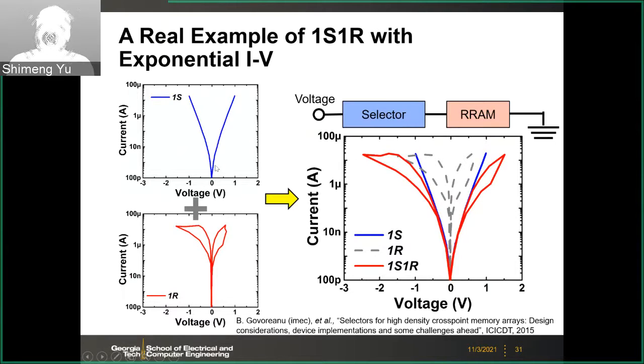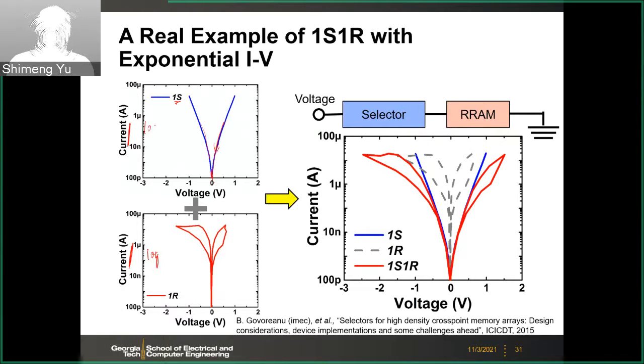If you think about the PN junction diode, the current depends exponentially on the voltage. In this case, we need a bidirectional diode. If you have this exponential I-V, this is in log scale, so that means the current will decrease exponentially as you decrease the voltage approaching 0. So if you have the characteristic like this 1S, and here is your 1R, again in log scale.